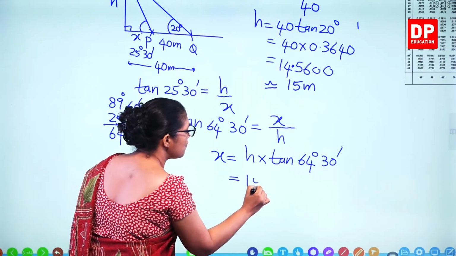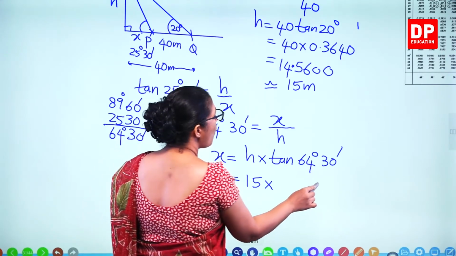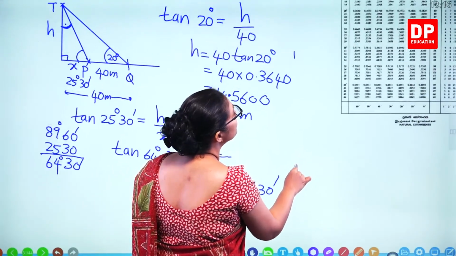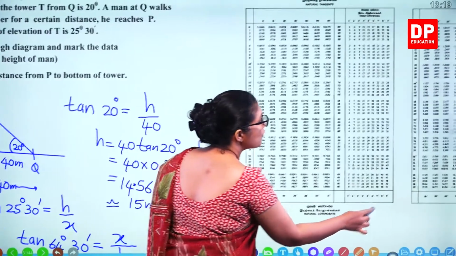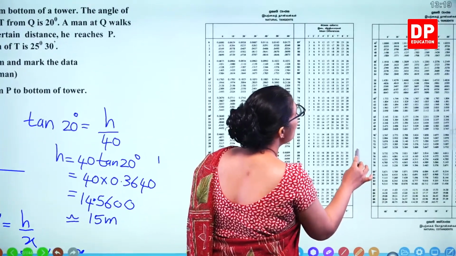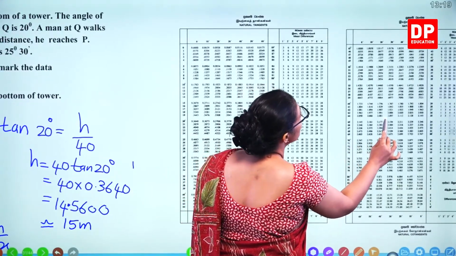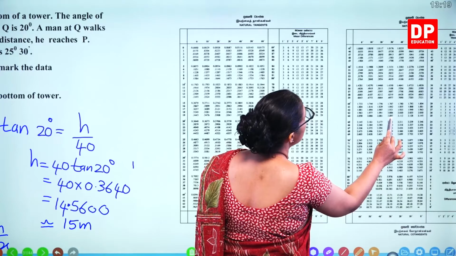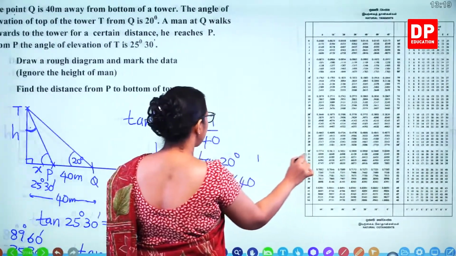So I can take 15 times tan 64°30'. So in the table, 64, we have to refer this one, 64°30'. 64°30' is this one, 2.097.